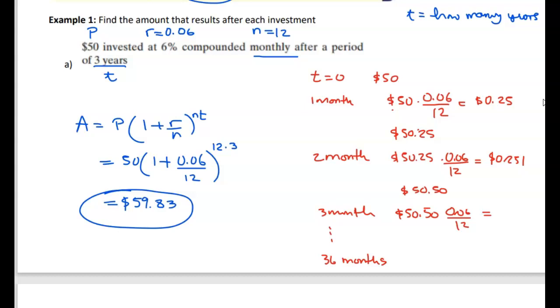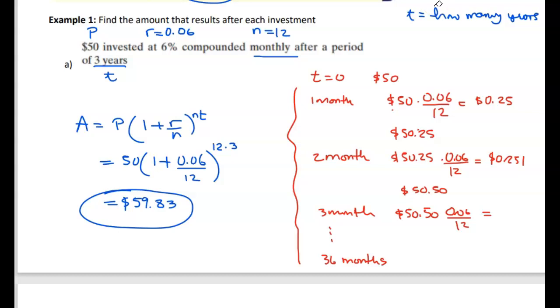So basically, for 36 months, 12 times 36, you take the amount that you have and you add the 0.06 over 12 to it, and you multiply by the 50, and then you do that 36 times. So this formula contains all these calculations in it. Alright, so you don't have to go step by step, you can do it all at once. But it's nice to know what's happening.